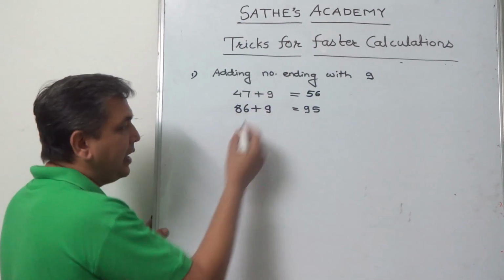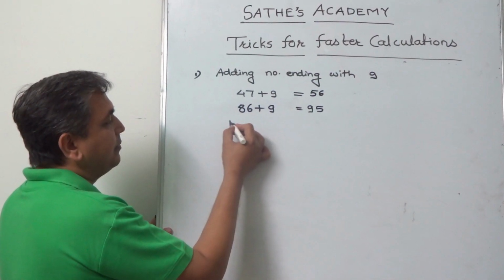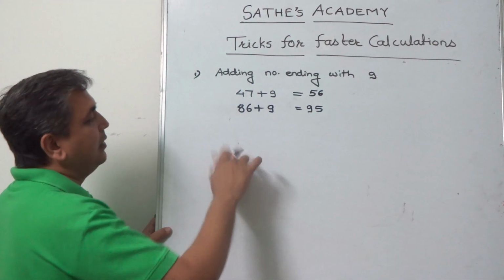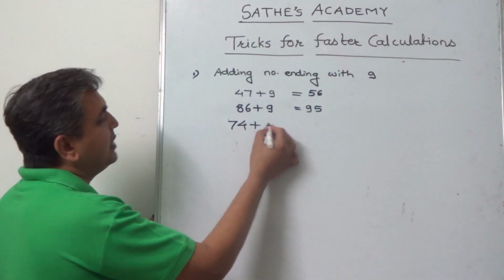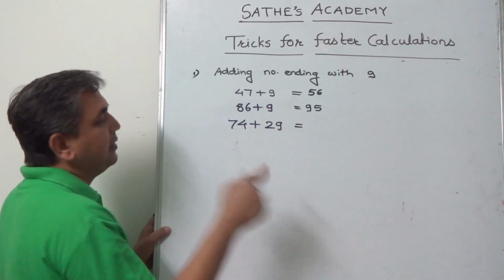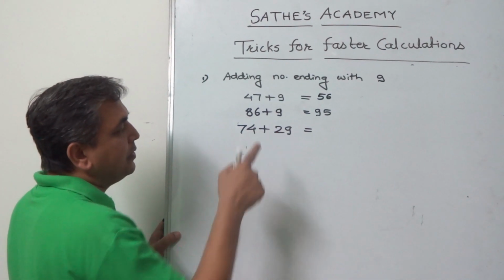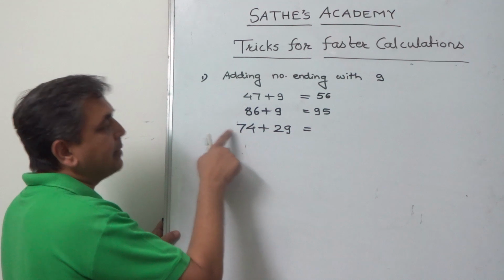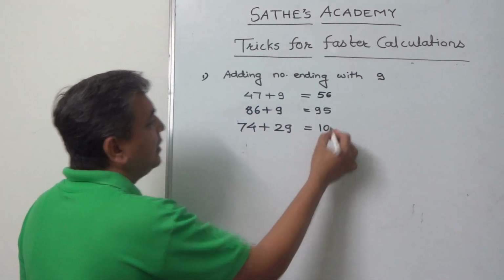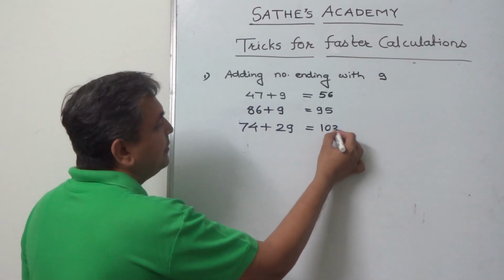We can take higher numbers like 74 plus 29. Now this is 2. So we have to increase this number by 3 and reduce this number by 1.